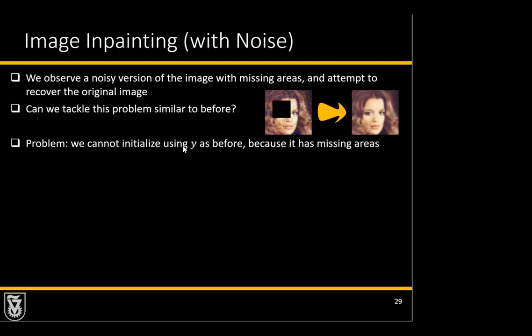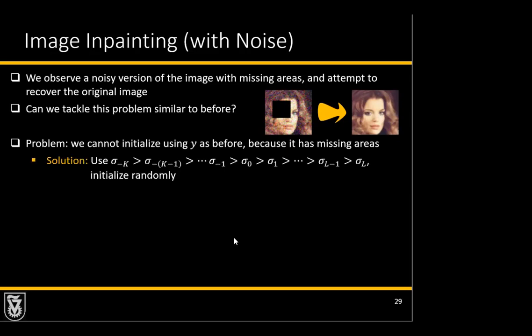So there are a few problems with that. We can't apply the same exact algorithm again here, because in our stochastic denoising algorithm, we initialized using the input, right, the noisy input y, and we got gradually less noisy images. In this case, we can't, because y has missing areas. I can't initialize with this empty square. So what we did, we went back to what they did in synthesis, and we initialized using a random noise image.